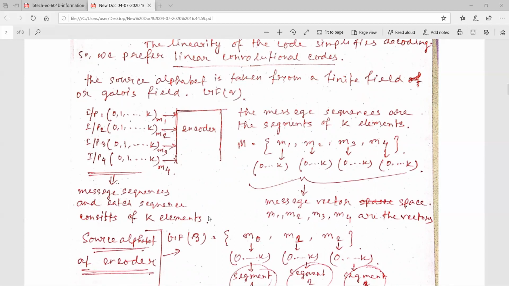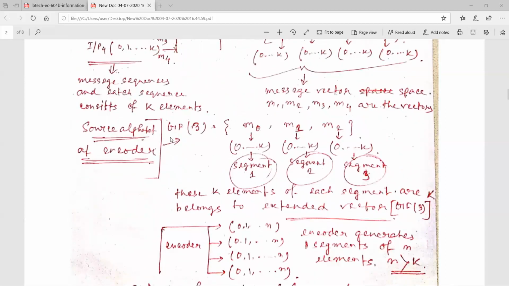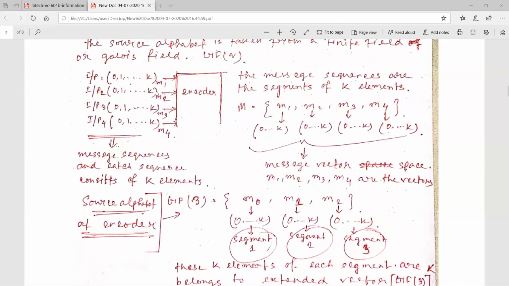You can understand with this example, GF3. So GF3 is the source alphabet at the encoder, that means at the encoder input, these are the alphabets. In the first class I told you about the alphabets.